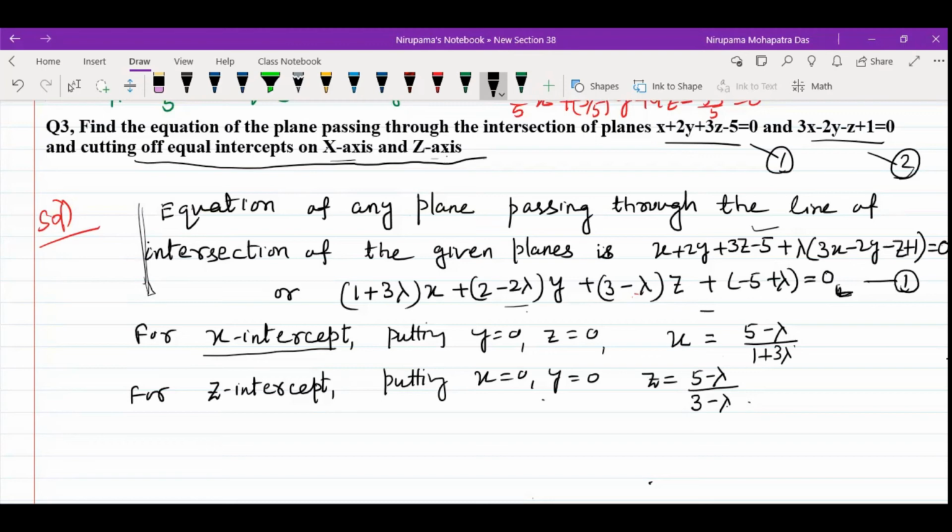This is the equation of the plane in general, the way we have done the previous two questions.